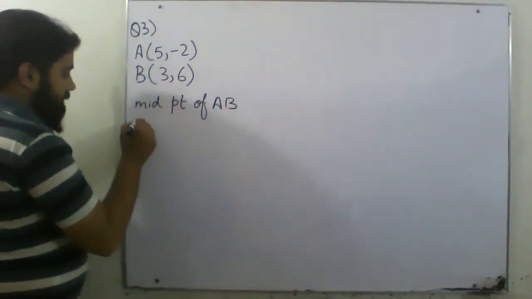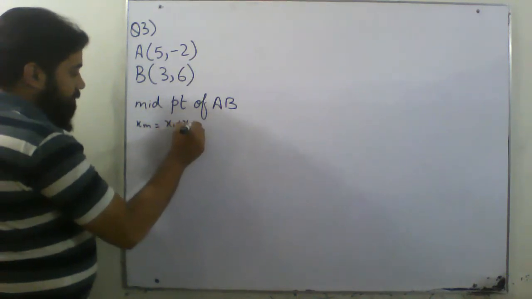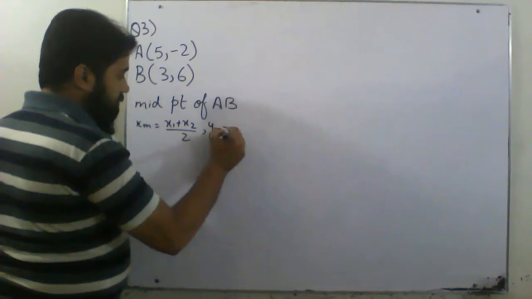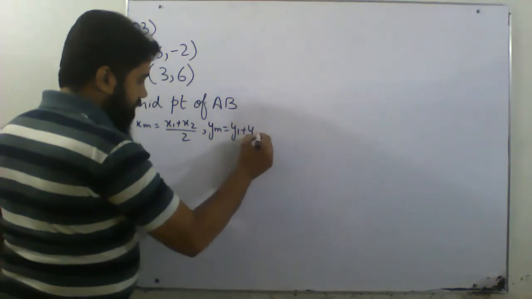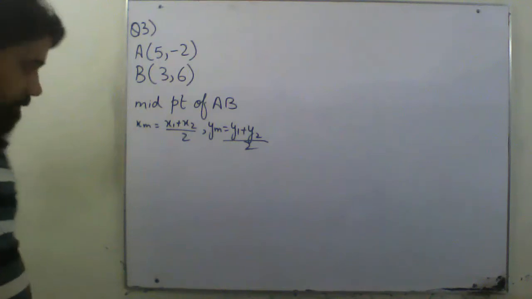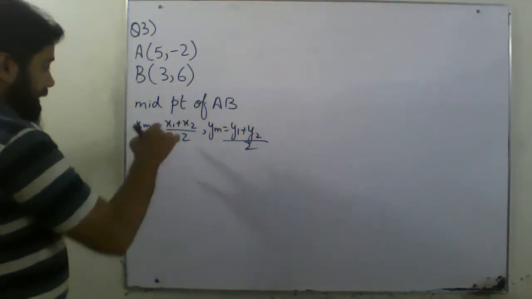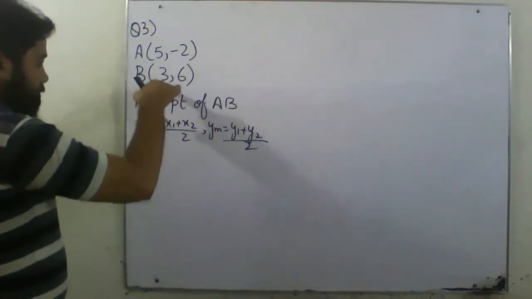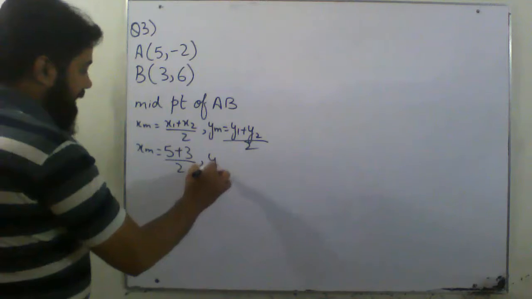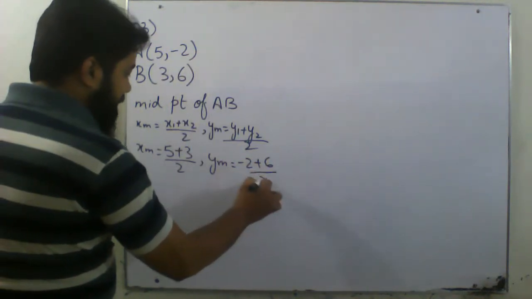Midpoint formula is xm equals x1 plus x2 divided by 2, ym equals y1 plus y2 divided by 2. That's my midpoint formula. Now x1 is 5, x2 is 3, so xm equals 5 plus 3 over 2, ym equals y1 that is minus 2 plus 6 over 2.